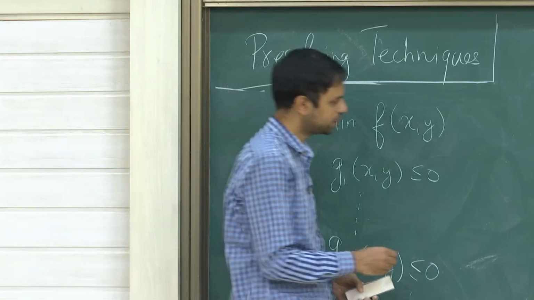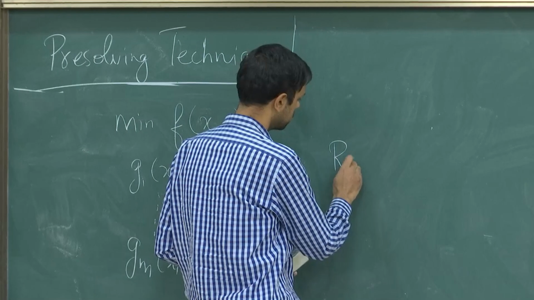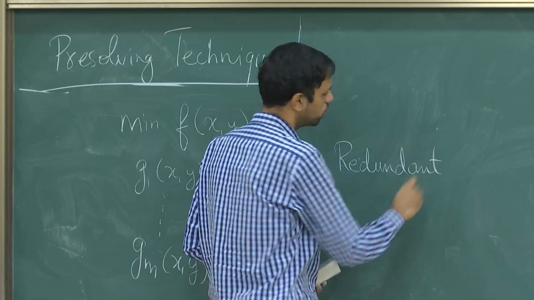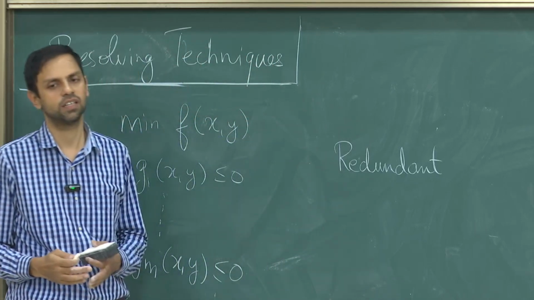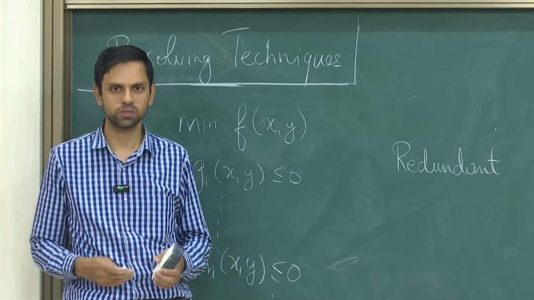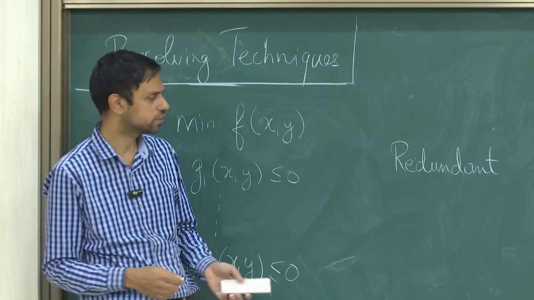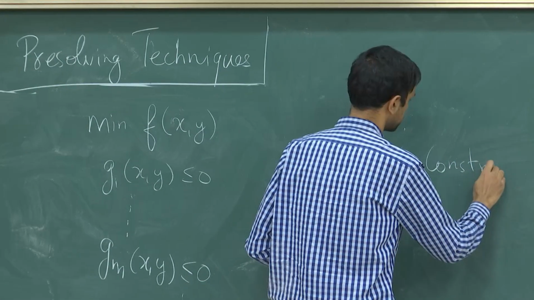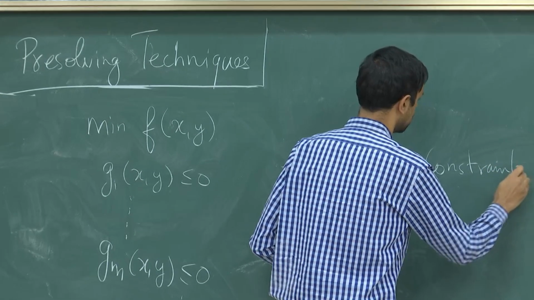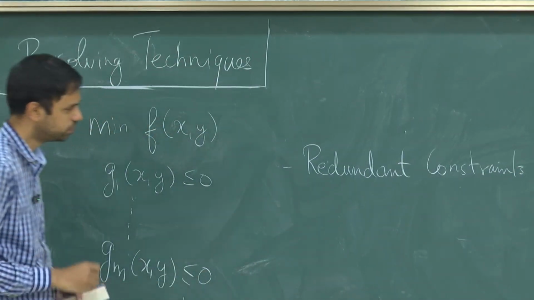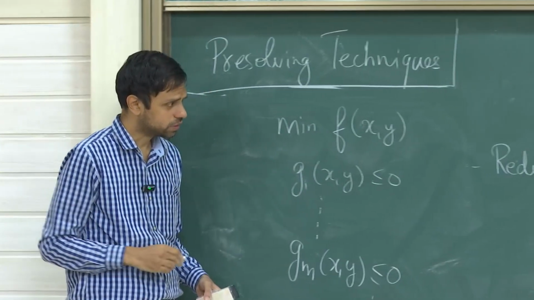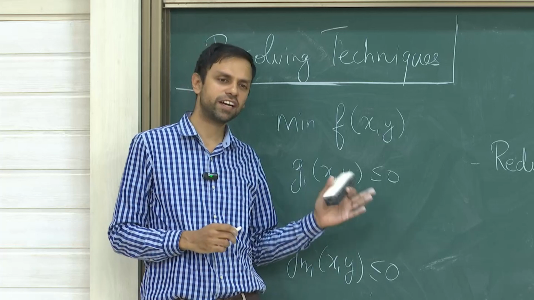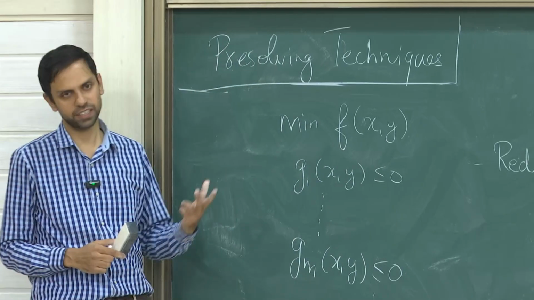So such constraints are also called redundant constraints. A redundant constraint is a constraint which, if you remove, the feasible region doesn't change. Okay, so you can safely remove those constraints. Okay. The easiest check for a redundant constraint is to check for duplicacy.